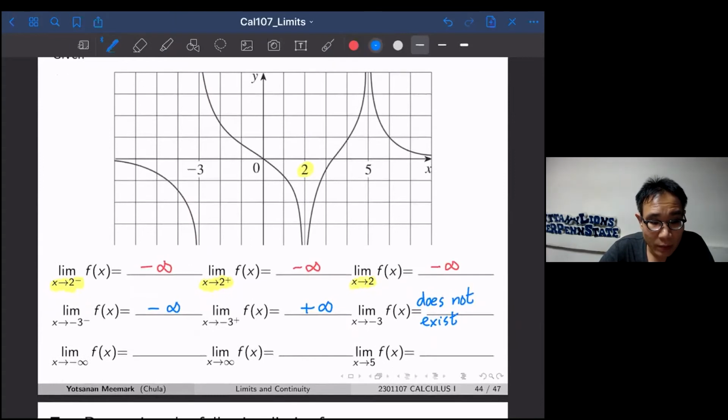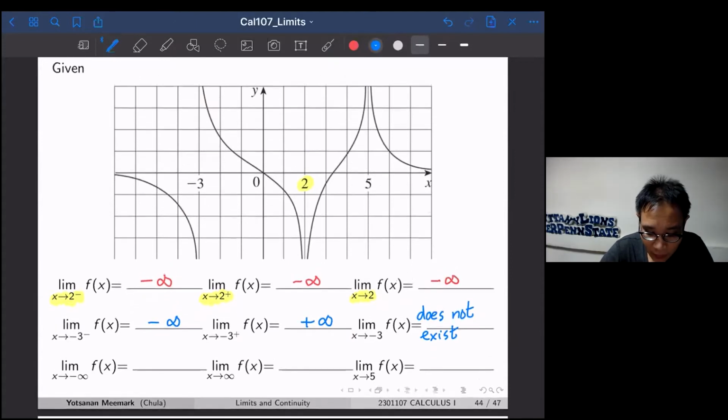And you have the limit as x goes to negative infinity of f(x). So you have negative infinity here, positive infinity here. So you see that this is going to approach, okay, in the graph you see a horizontal asymptote.